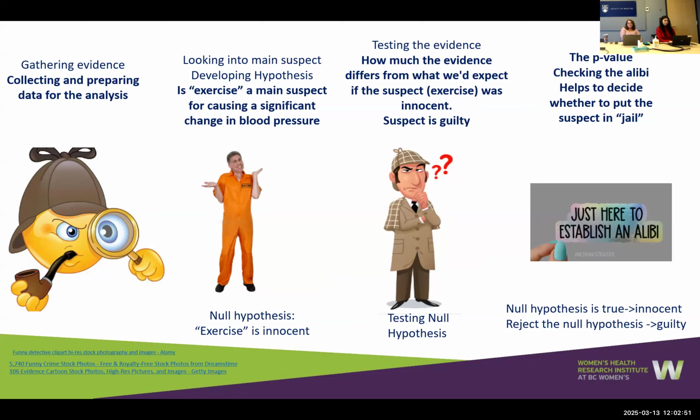Is exercise the main suspect for causing a significant change in blood pressure? Testing the evidence: how much does the evidence differ from what we expect if the suspect was innocent? And the p-value will be our tool for checking the alibi to decide if the suspect is guilty or not.